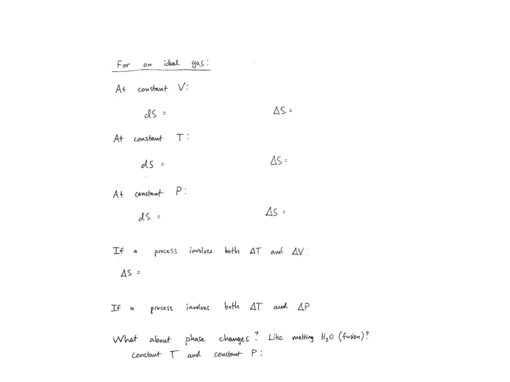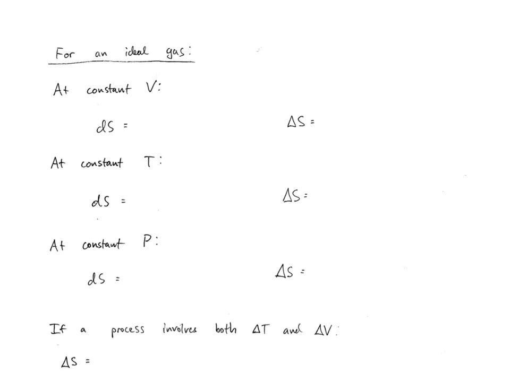All right, let's take a look at the second half of this worksheet now. I'm going to review a few of the equations that we've already seen and then introduce a couple of new ones too. We saw that for an ideal gas at constant volume, a small change in entropy is equal to dq divided by T, and this is reversible.